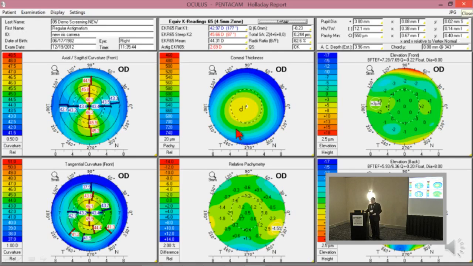Hyperopic LASIK, post-hyperopic LASIK would be changed? No, same thing. But remember, though, the error is in the opposite direction with hyperopia. So what happens is in a myopic LASIK, we overestimate the power. Cornea is a little flatter than we expect. In a hyperopic LASIK, we underestimate the power because that's steep.